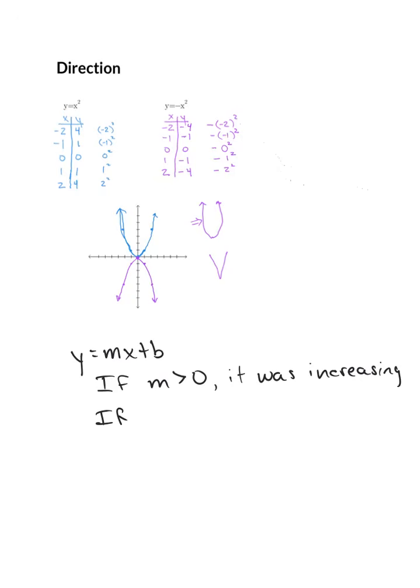And if m was less than 0, if it was negative, it was decreasing. Similarly, when we talk about parabolas, if your leading term, the number in front of the x squared, is positive, your parabola is always going to open up. Whereas if your leading term is negative, your parabola will always open down.